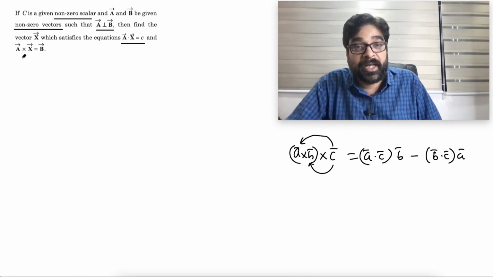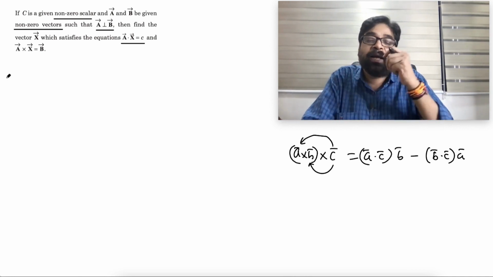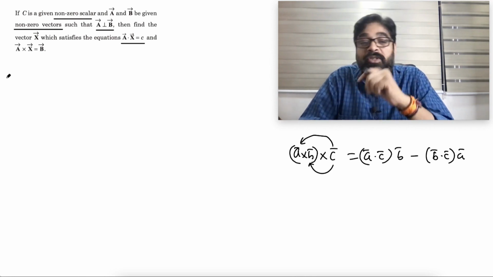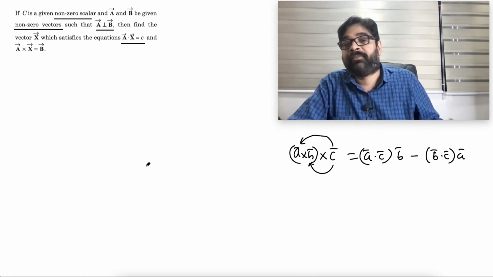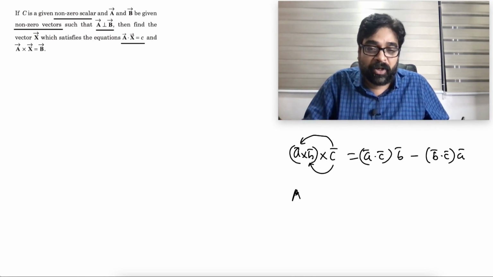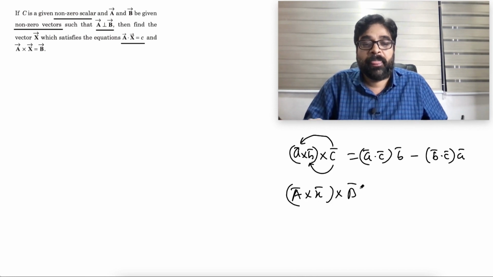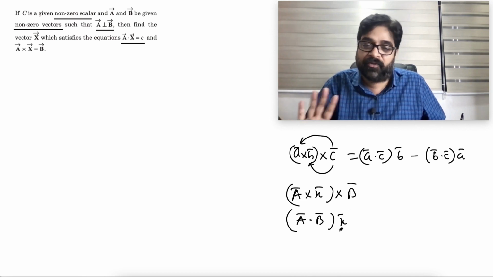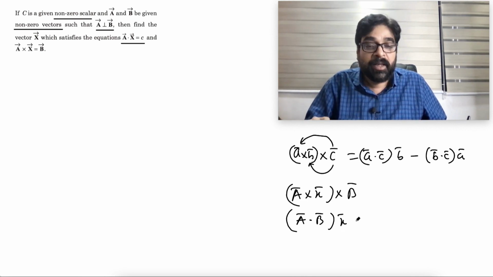So I am going to take cross A on both sides. Sir, why not cross B? You can take cross B also. Why not cross X, sir? Let's analyze that. If you take cross B on both sides, what will you get? A cross X cross B. So you will get A dot B into X. This is fine, no problem.